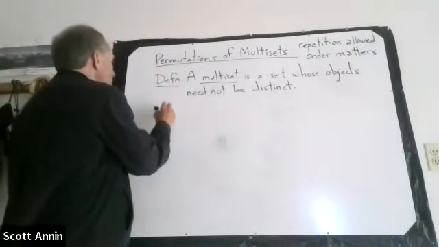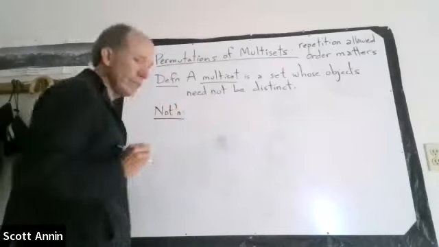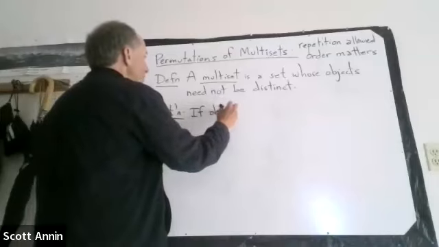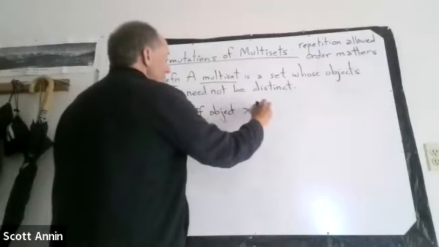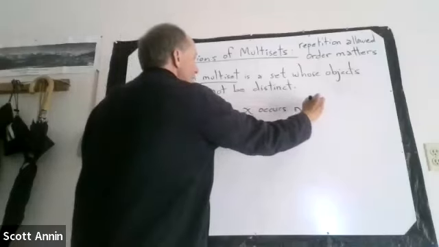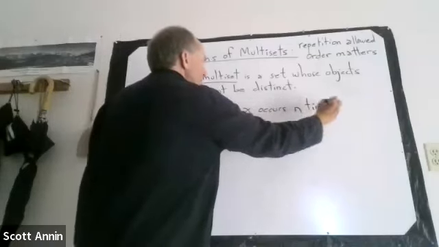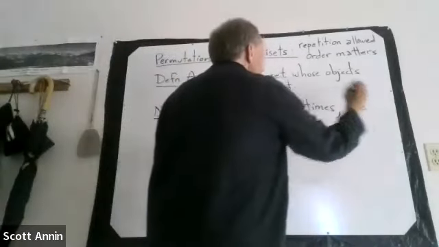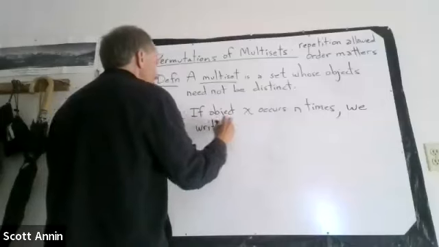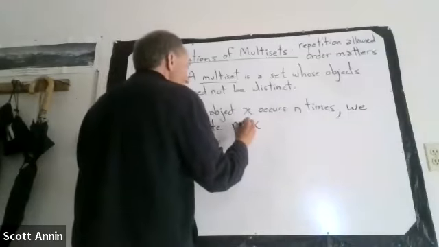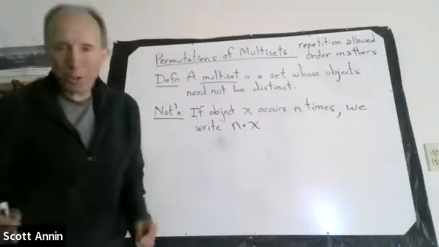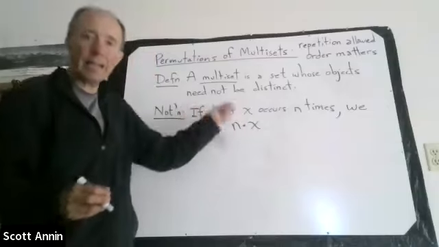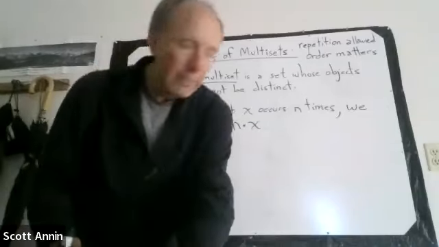Just as a bit of notation that we'll use, if object x occurs, let's say, n times in the multiset, you'll see me write n times x. That's not literally a multiplication, because we're talking about an object here. The n dot, the object, just means that object is in there that many times.